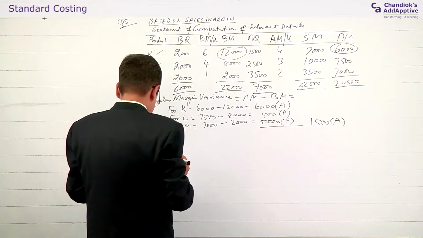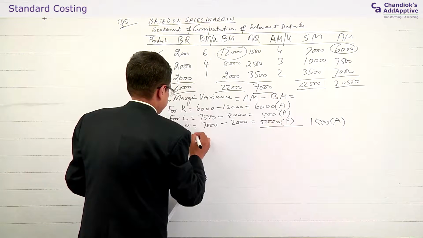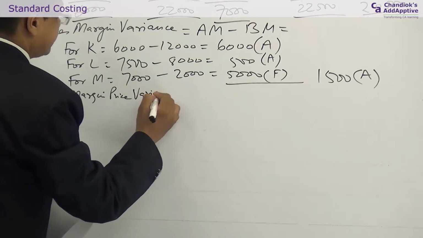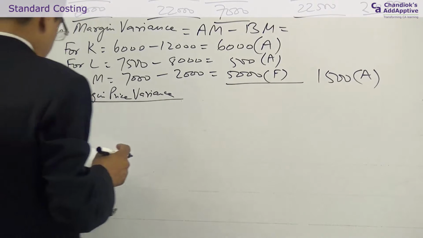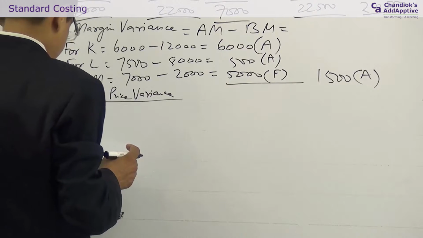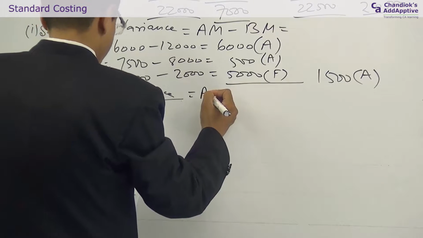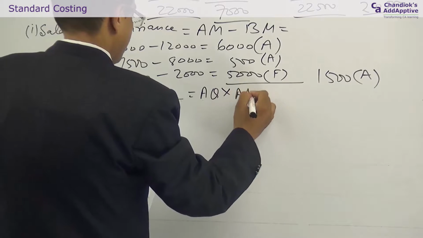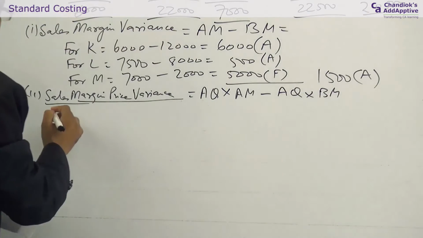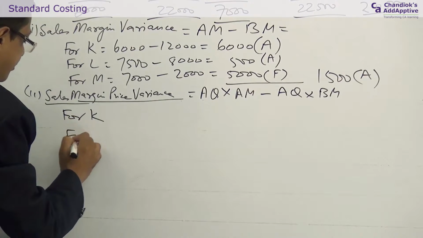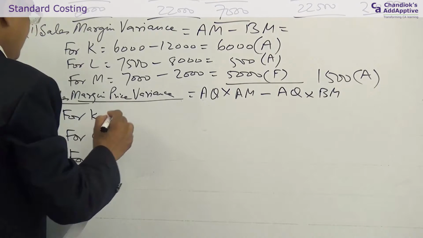Now, you come to sales margin price variance. This can be computed as a formula: actual quantity into actual margin minus actual quantity into budgeted margin. So, for K, for L, for M, we start working like this.